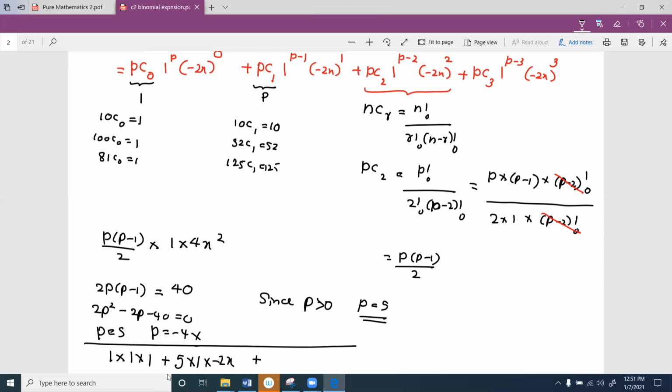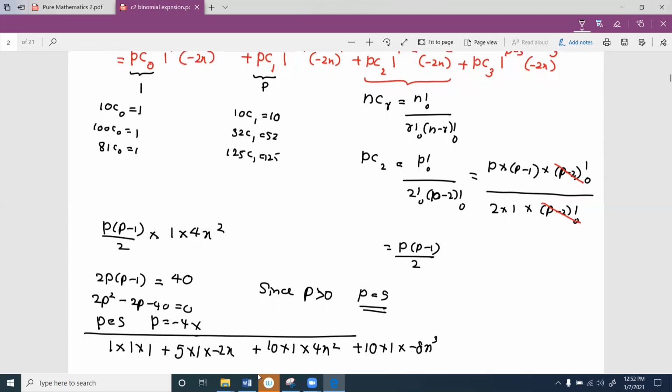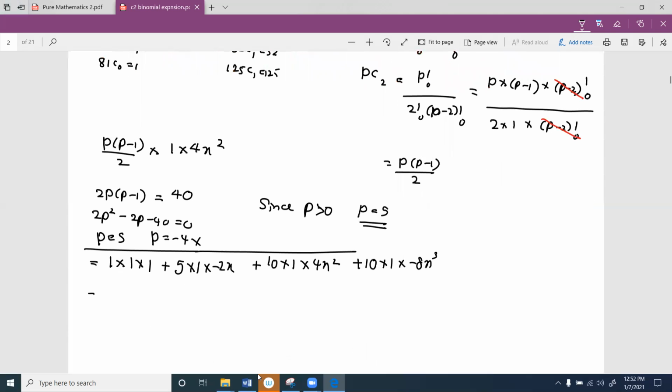That is 10, times 1 times 4x squared. 5C3 is also 10, times 1 times minus 8x cubed. Right. Then we can work it out over here. It turns out to be 1 minus 10x plus 40x squared minus 80x cubed. Okay, so that is the expression.